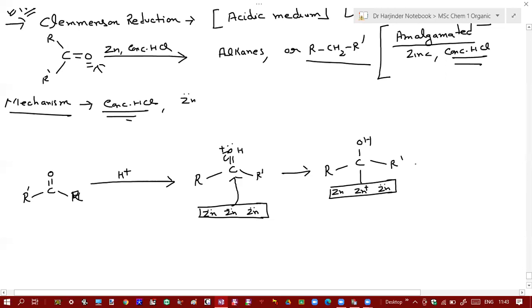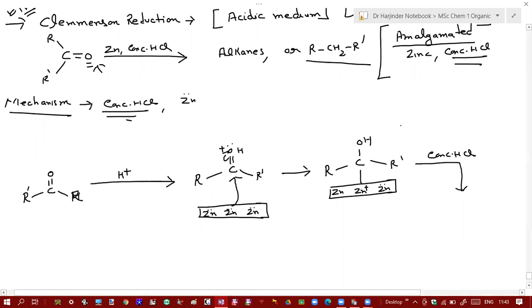Now what will happen next? Since your reaction medium is acidic, the concentrated HCl will again give another H plus ion, and this time this H plus ion will go to OH.